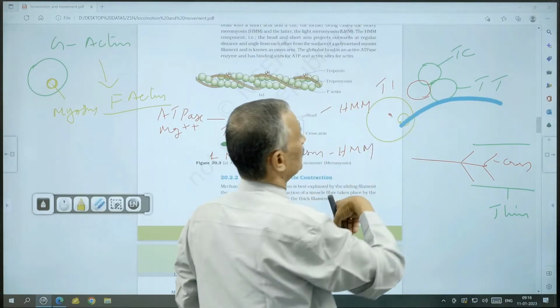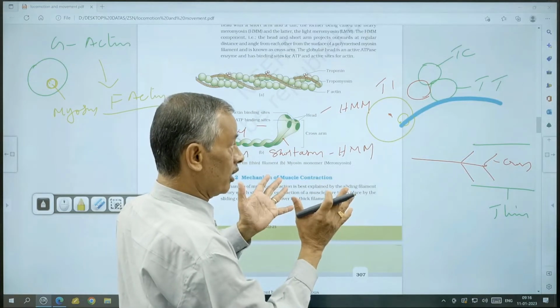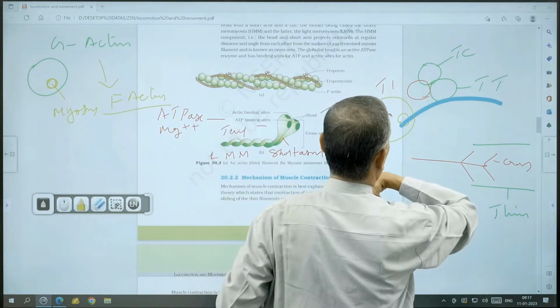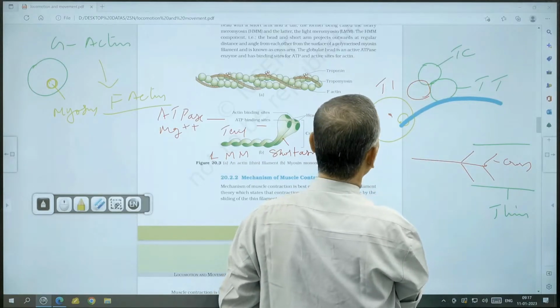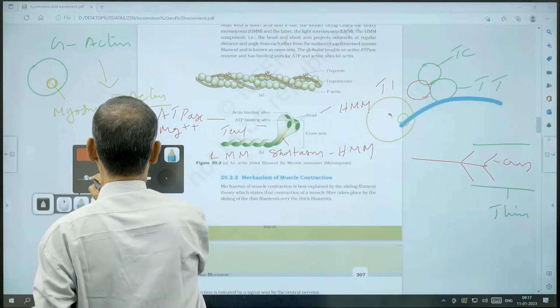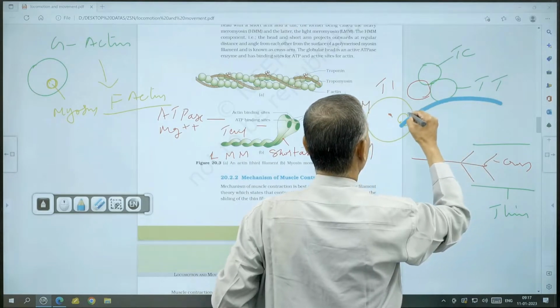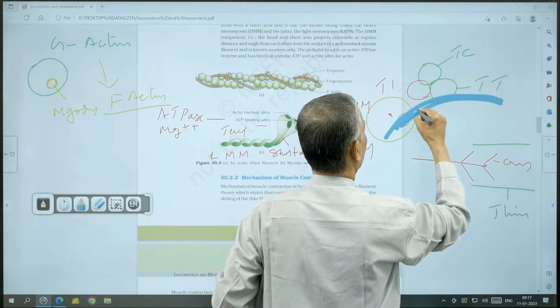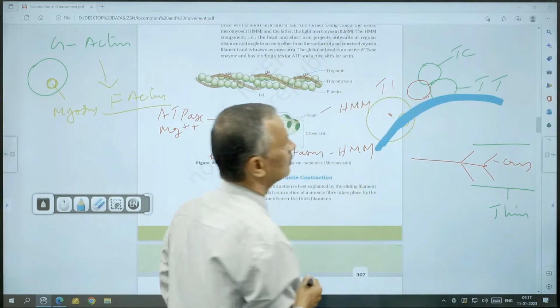This attachment site is masked or covered by the tropomyosin, which is under the control of the TI subunit. Because of that, this attachment site is masked.